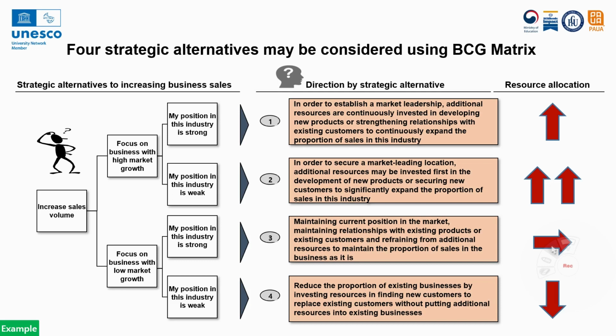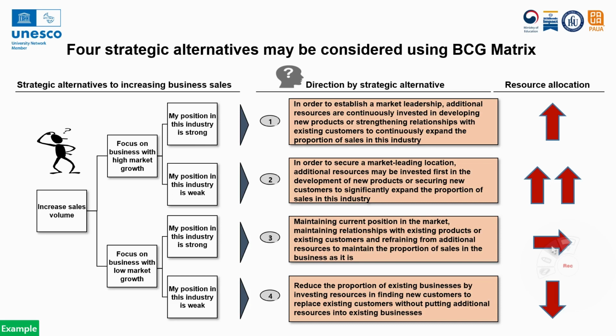The third option of pursuing your strategic alternative is to focus on business with low market share where your position is strong. And the final option is to focus on business with low market growth where your position in that industry is weak.